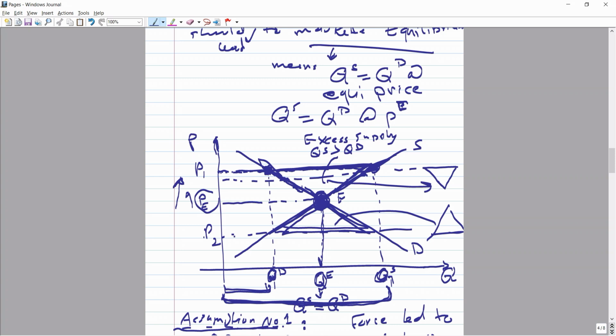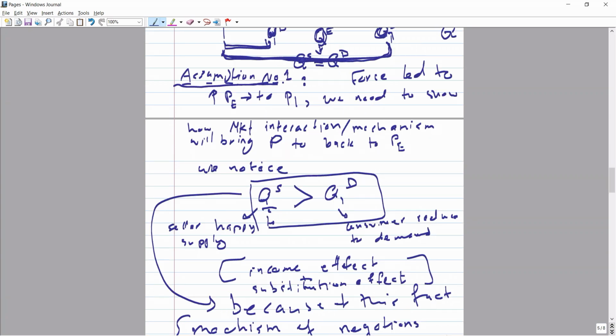So there is too much supply of product compared to the level consumers demand.